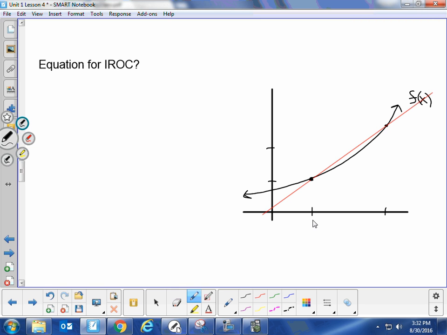We'll call this point x, which means this is going to be f of x. Then we will add some distance, we'll call it plus an h, to give me x plus h, which means this function value up here would be f of x plus h.